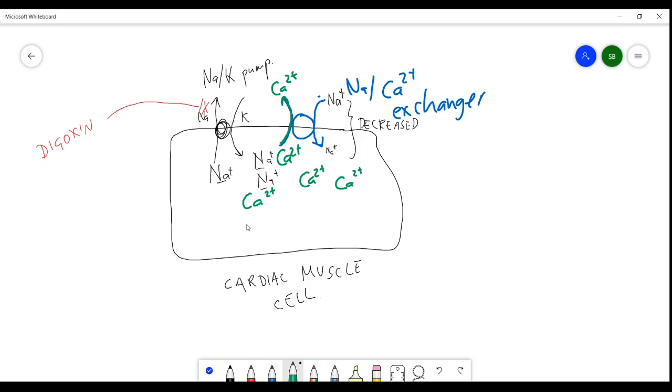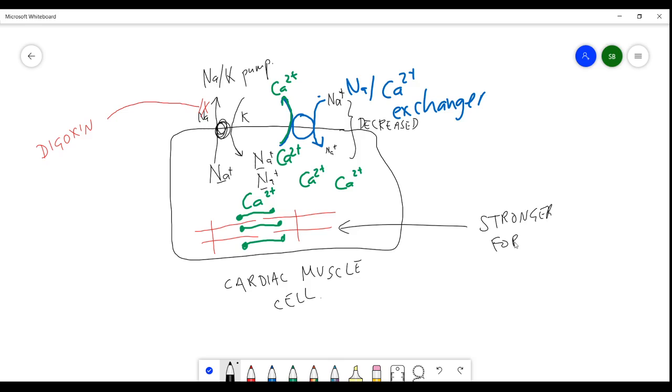And it's that calcium which regulates the interaction between actin and myosin in the heart muscle. This rise in intracellular calcium means you get a stronger force of contraction.